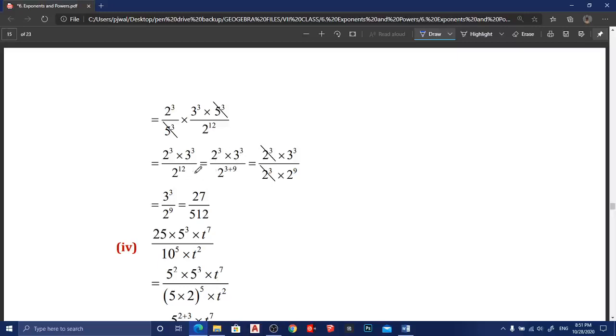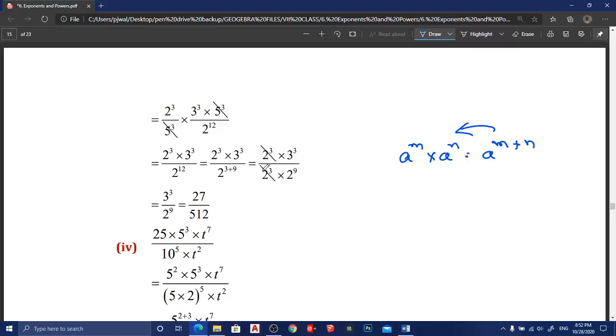I am splitting this 12 as 3 plus 9. Okay, so now this formula is like your first formula, which is a to the power of m into a to the power of n is equal to a to the power of m plus n. By using this in the reverse form, you can write a to the power of 3 plus 9 as a cube into a to the power of 9. I am splitting it. Now this is 2 to the power of 3 into 2 to the power of 9.